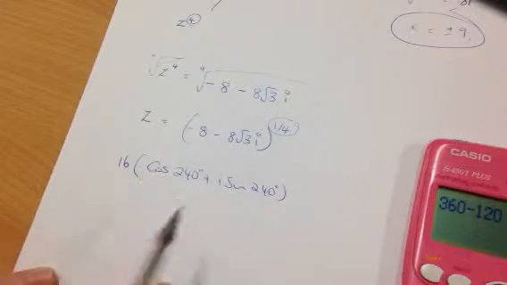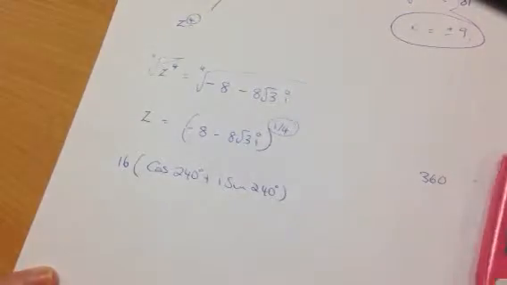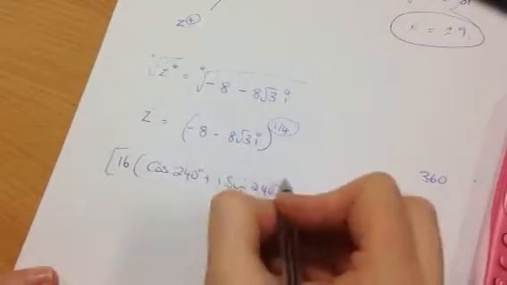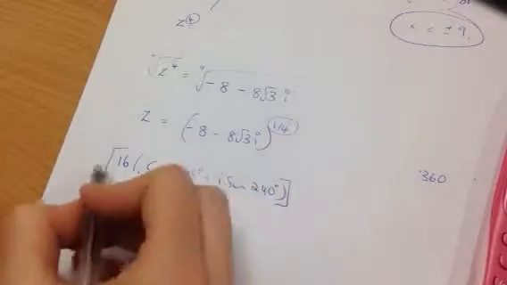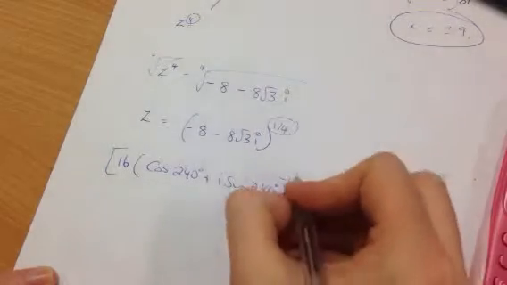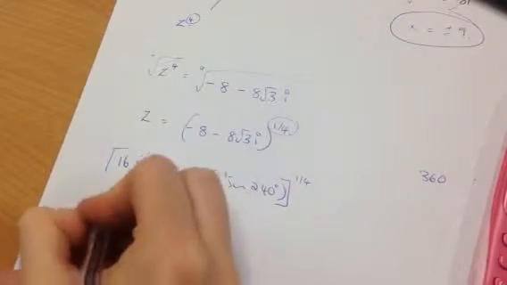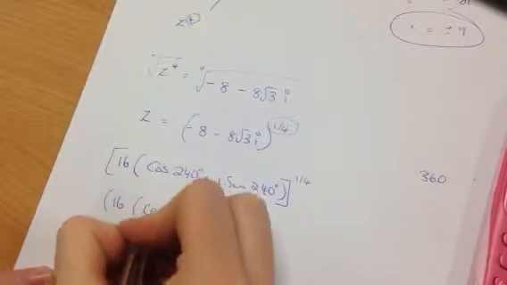If that was my answer, I'd probably give it in polar form, but because I'm using it to work out the question, I'm not going to give it in radians. Now, that is just polar form. We need to use general polar form.